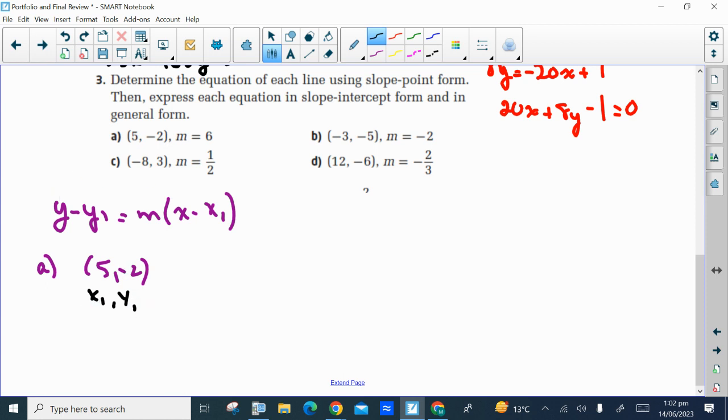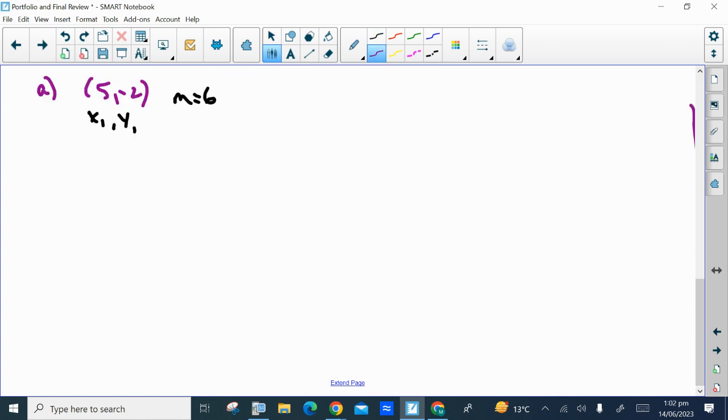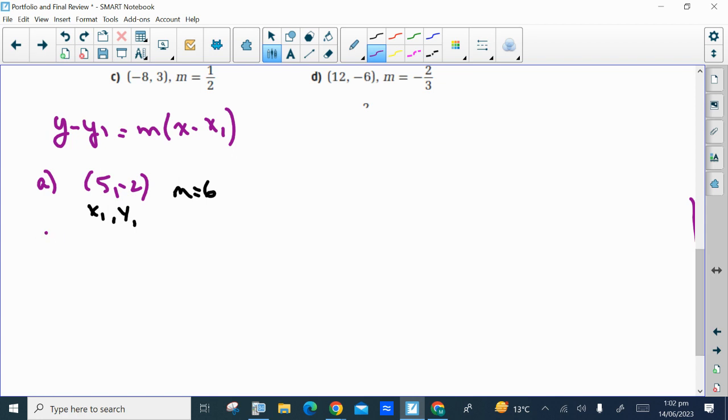X1 and y1 is our point, and m, our slope, is 6. So in this case, if we use point slope, it'll be y minus y1, which is negative 2, equals m, which is 6 bracket x minus x1, which is 5. That'll give us y plus 2 equals 6x minus 30.